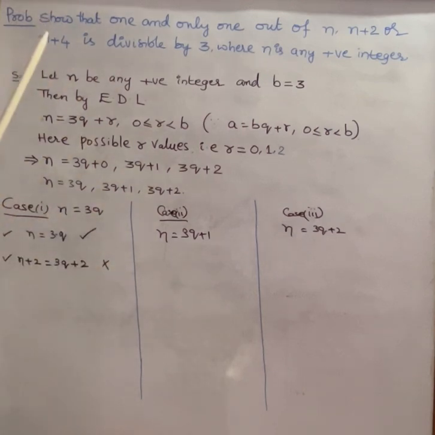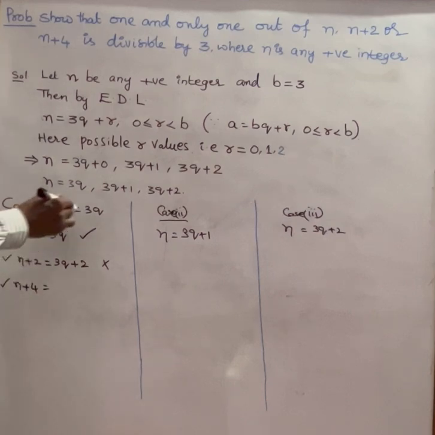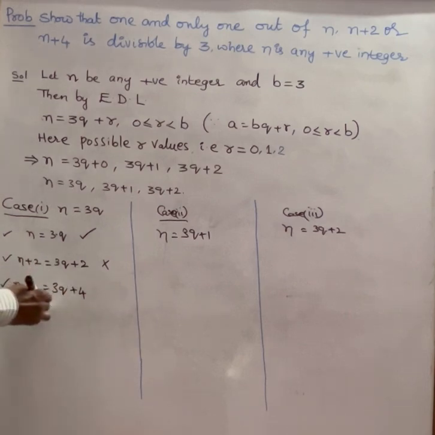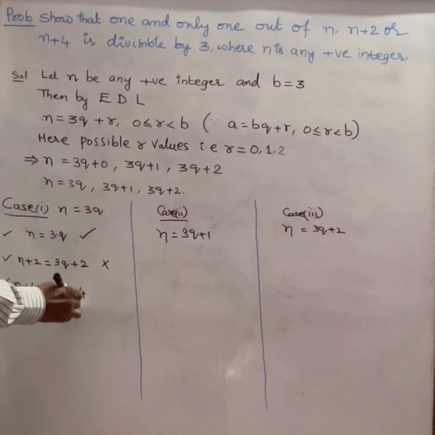Now find out n plus 4. Substituting n as 3q, we get 3q plus 4. Here we may write 3q plus 4 as 3q plus 3 plus 1.